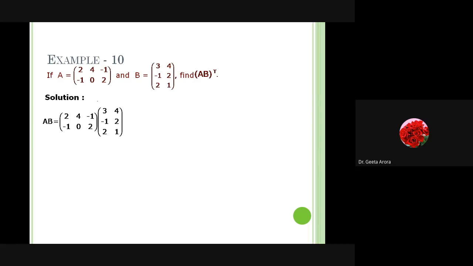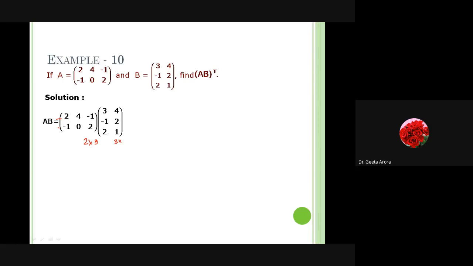Let's check again. Here we have the A matrix. The rows are 2 and the columns are 3, so it is 2 cross 3. If we talk about B, it has 1, 2, 3 rows and how many columns? 2 columns.